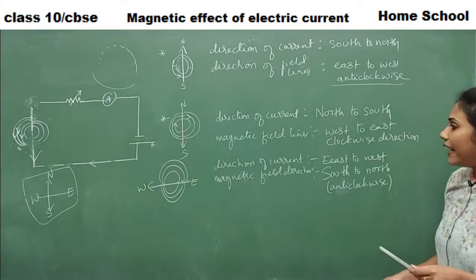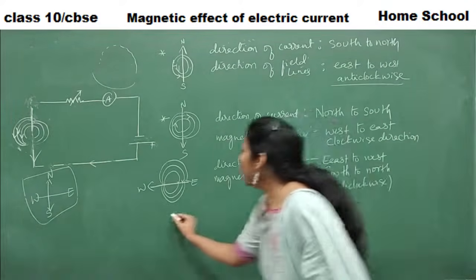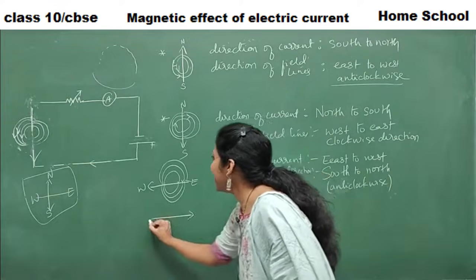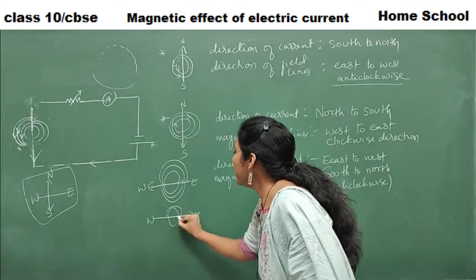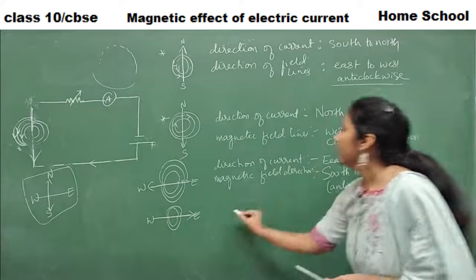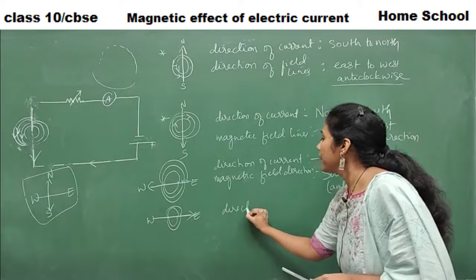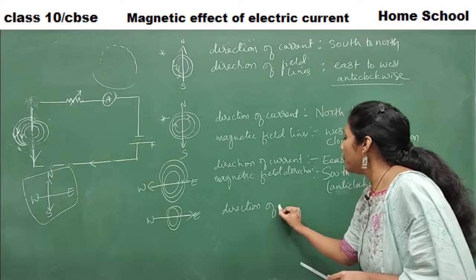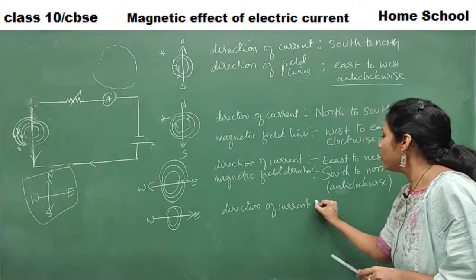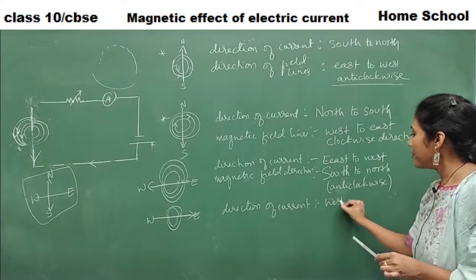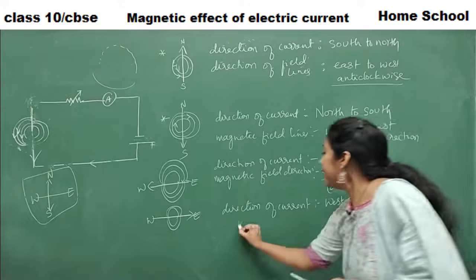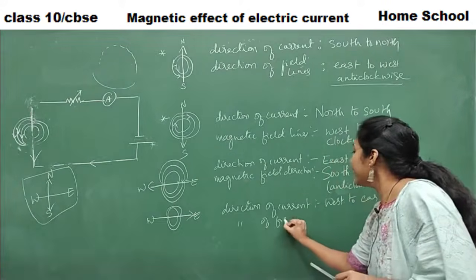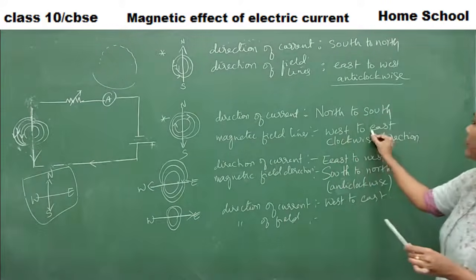Okay, got it? Now the opposite. If the current direction is from west to east, then what is the field lines direction? The direction of current here is west to east.